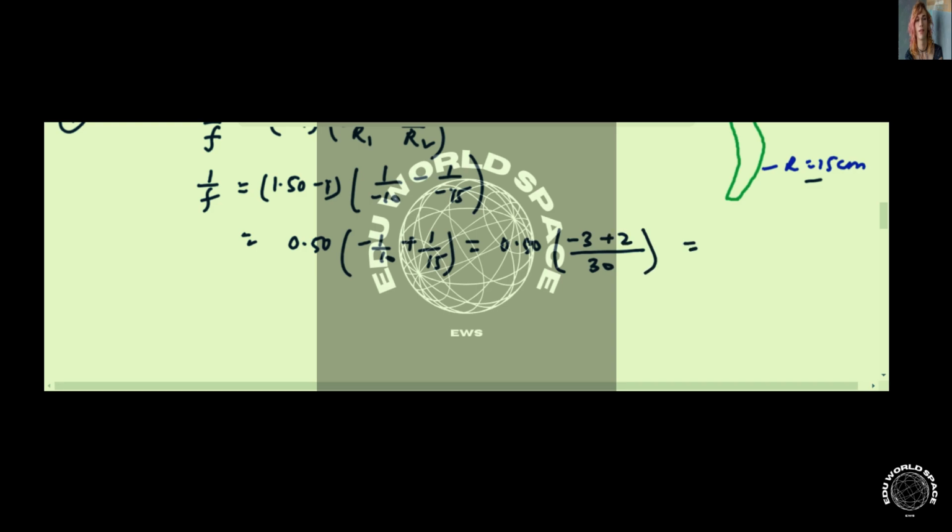So this has to be equal to 0.50 into minus 1 divided by 30. So after calculating, we will be getting the value of 1 by f equal to minus 1 by 60 centimeters.